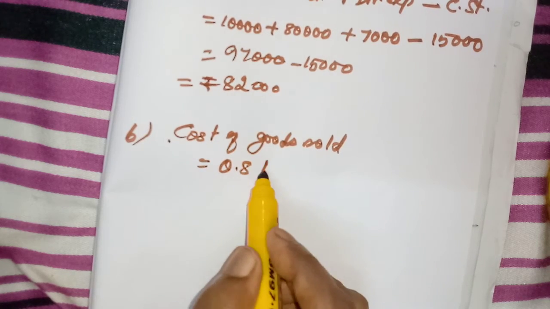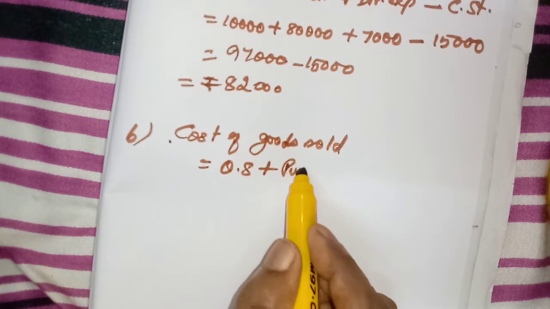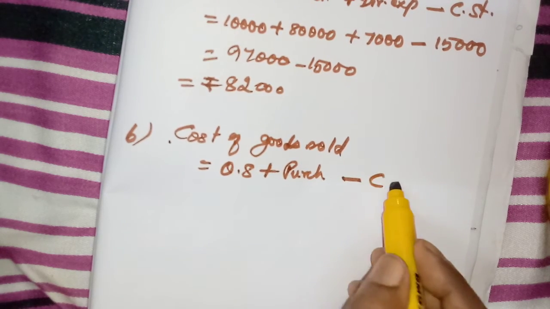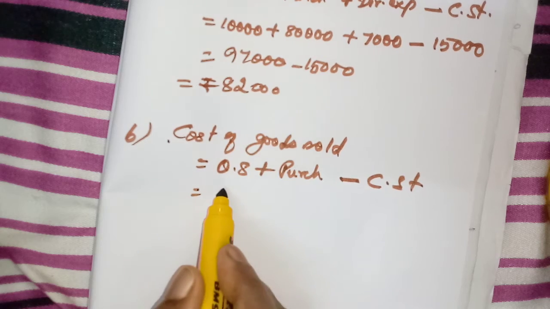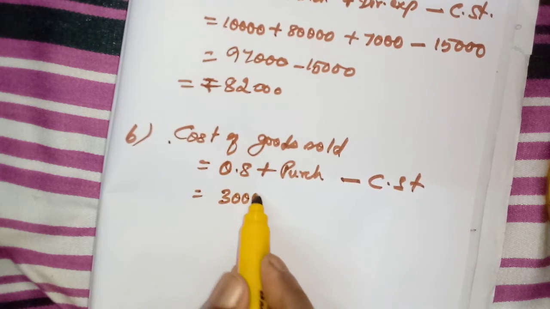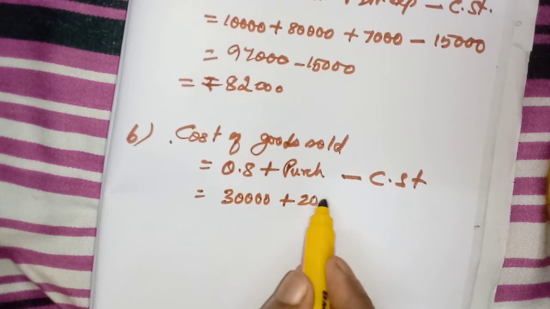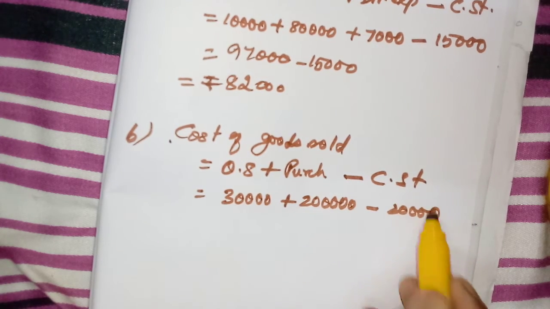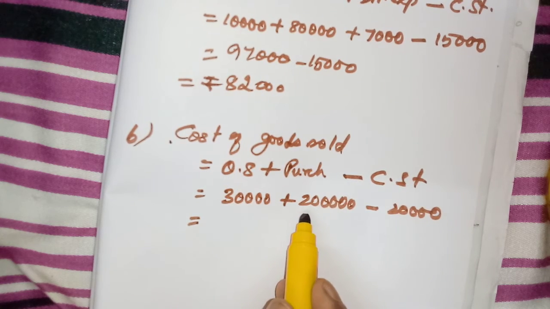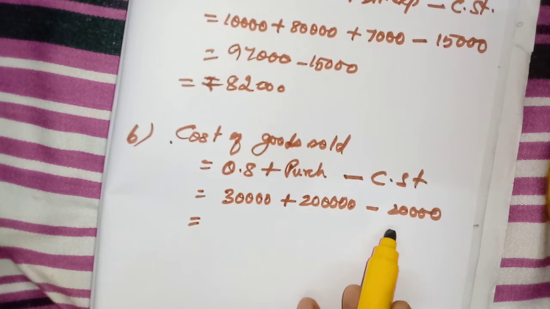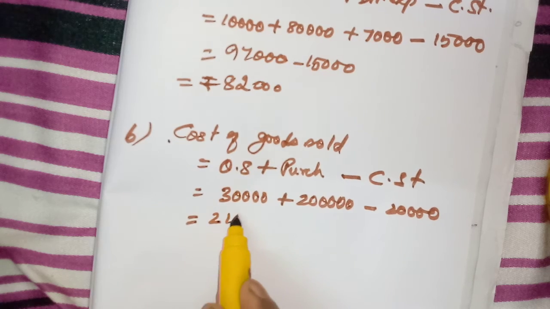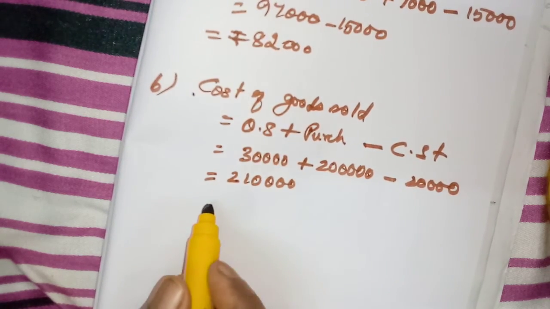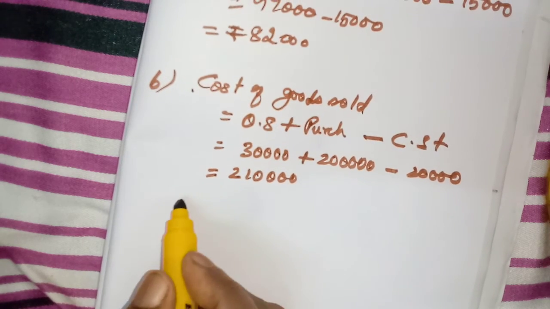Opening stock, add purchases, no direct expenses here, isn't it? So closing stock. What is opening stock? 30,000 plus purchases 2 lakh minus closing stock 20,000. 2 lakh 30,000 minus 20,000, 2 lakh 10,000. Okay, here you see cost, one formula is there.